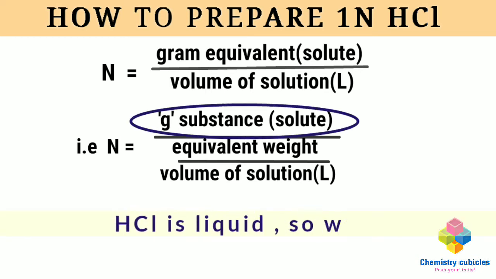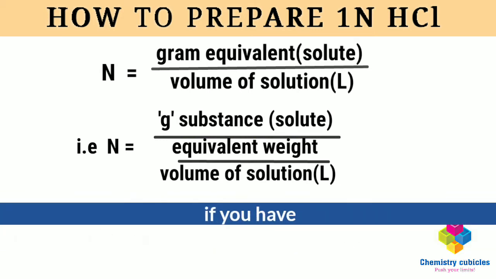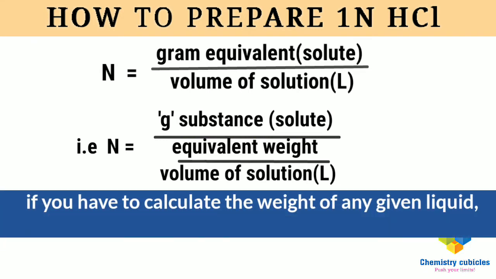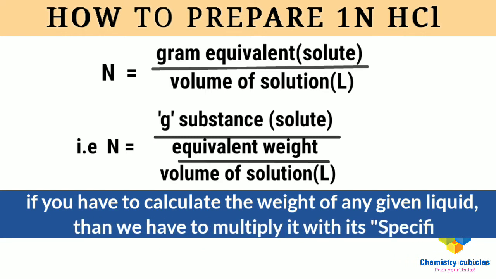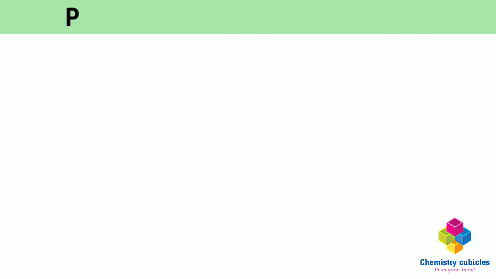But HCl is a liquid, so we have its volume, which is known to us, not the weight. If we require to calculate the weight of any given liquid, then we have to multiply it with its specific gravity. Now let's see the procedure.